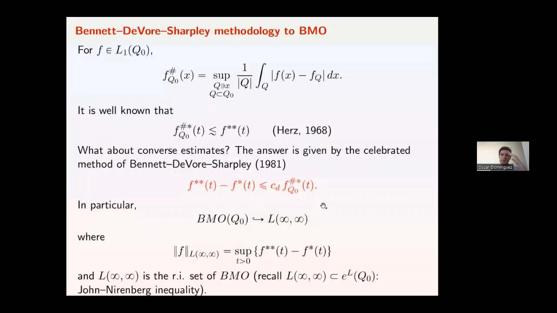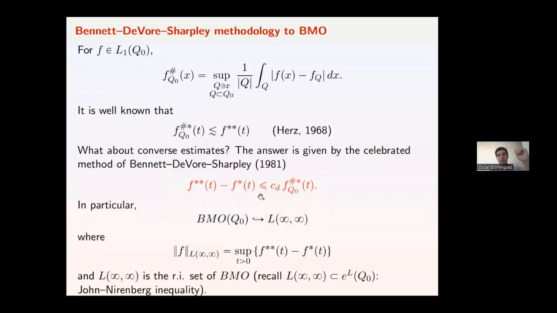This inequality plays a key role in the theory of function spaces, working with envelopes, and it has been extended to many different situations, working with other maximal functions on the right-hand side. So it's a very important inequality, also in the setting of metric measure spaces.